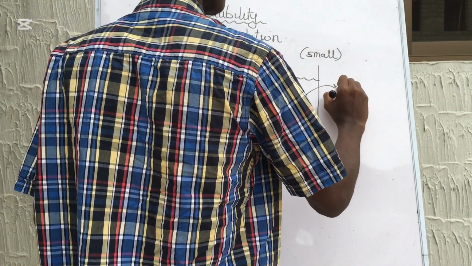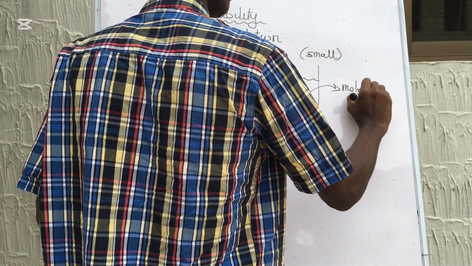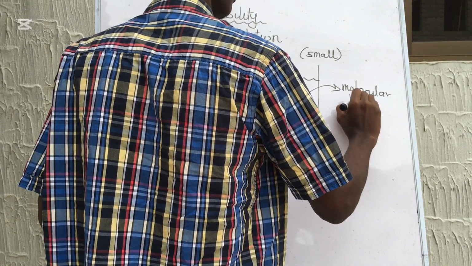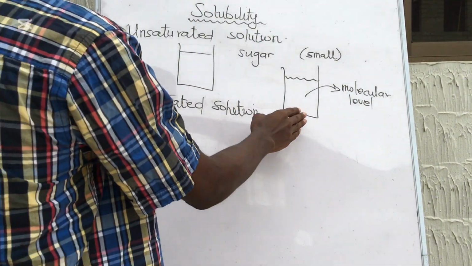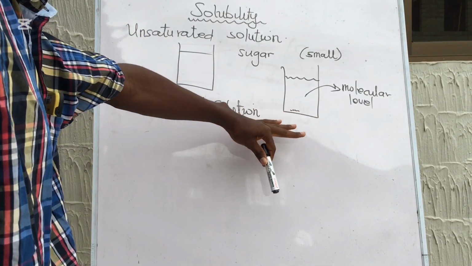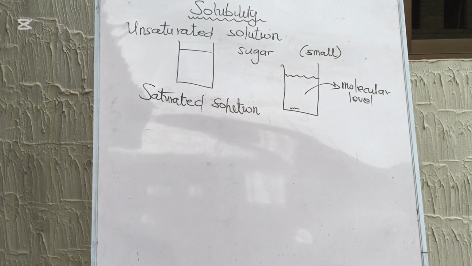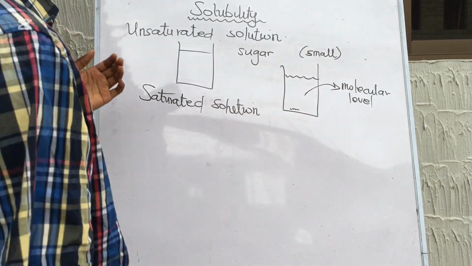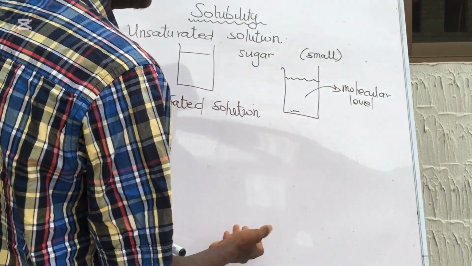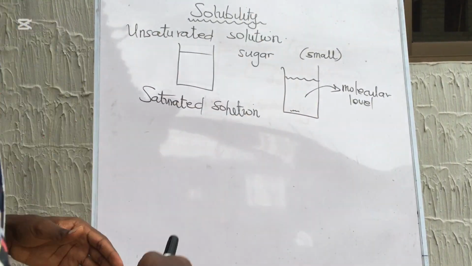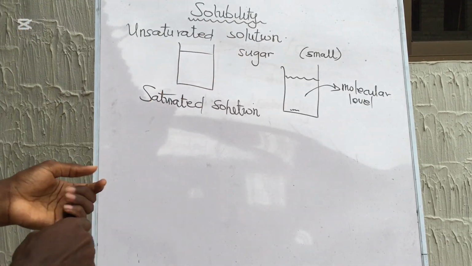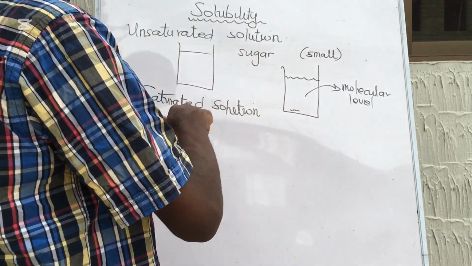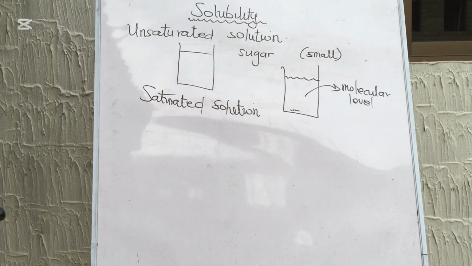At the molecular level, it doesn't really show that some extra solute has been deposited beneath the solvent, but rather the extra solute that is added dissolves, whilst the dissolved salt or sugar that was already inside the solution is now precipitating out.